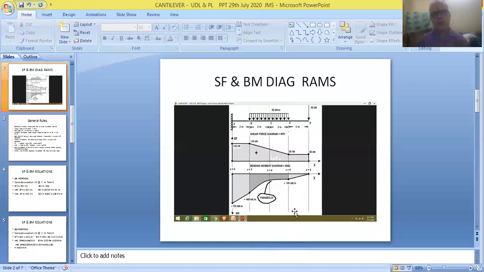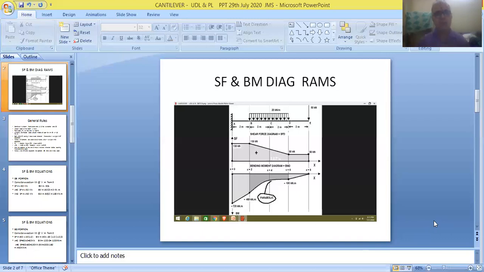So in the case of point loads, it will be in the form of linear. In the case of UDL regions, it will be in the form of a parabola. So friends, these are the rules to be followed while constructing SF and BM diagrams.